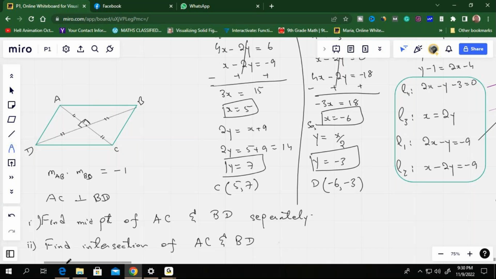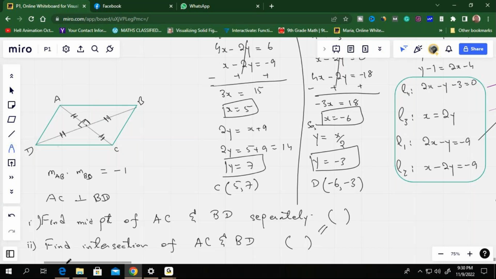If the intersection point and the midpoint are equal, then you will say that these two diagonals bisect each other, meaning they intersect each other in such a way that they are divided into two equal parts.